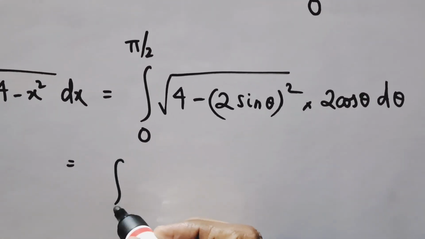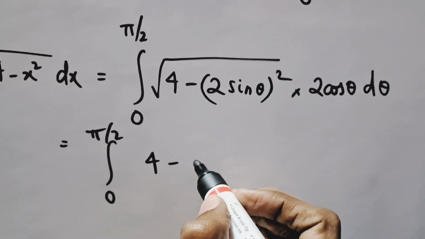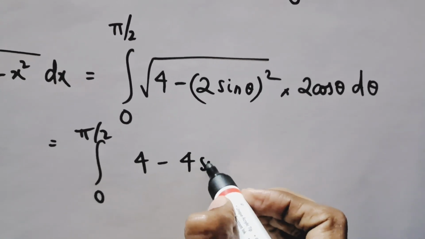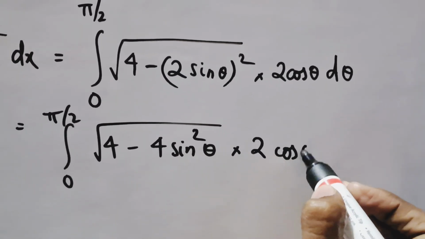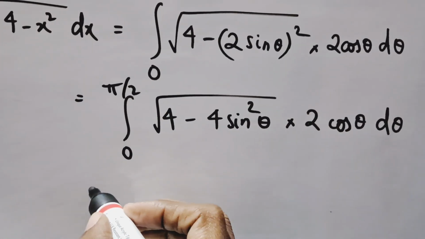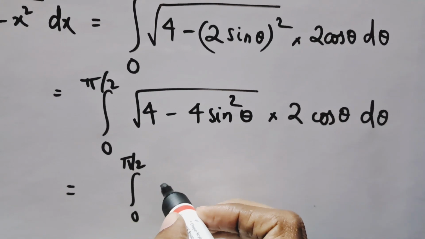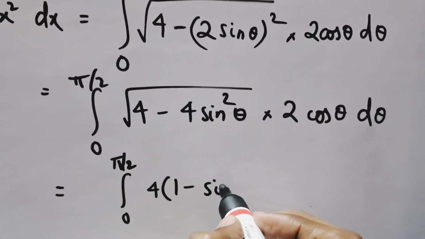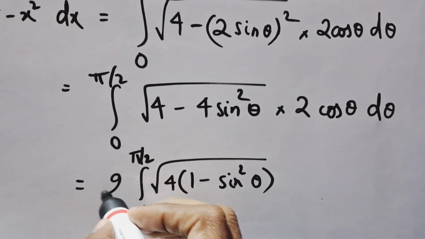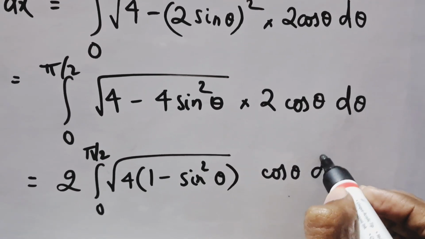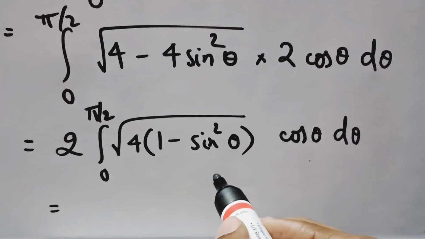So the next step is a little simplification. From 0 to pi by 2, square root of 4 minus 4 sine square theta into 2 cos theta d theta, which is simplified to the integral from 0 to pi by 2 of square root of 4 into 1 minus sine square theta, and 2 we can take outside, cos theta d theta. Again, 1 minus sine square theta is cos square theta.